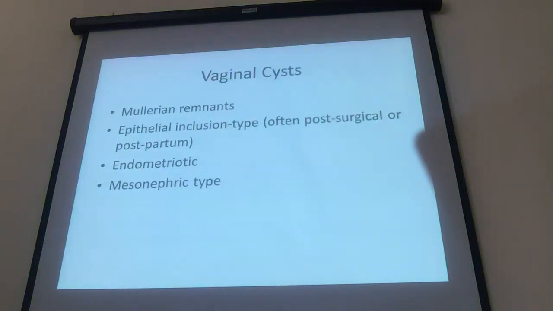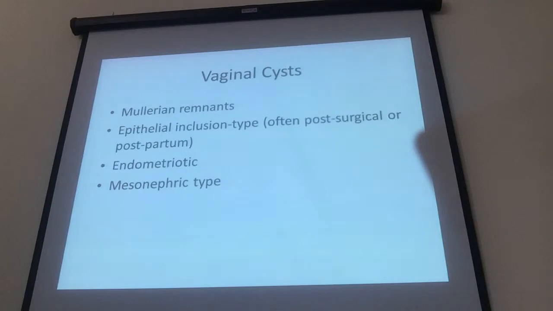Now, vaginal cysts can come in several different varieties and also can have different mucosal lining surfaces. So these can be due to Mullerian remnants, or they can be an epithelial squamous inclusion, such as might happen in a post-surgical state, post-episiotomy, or endometriosis can also cause this as well.